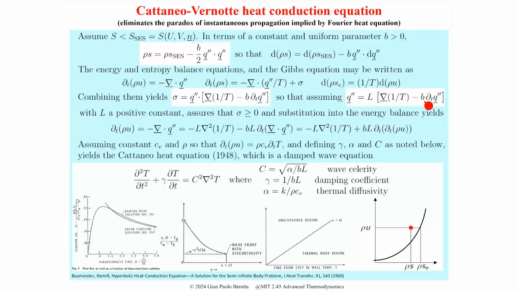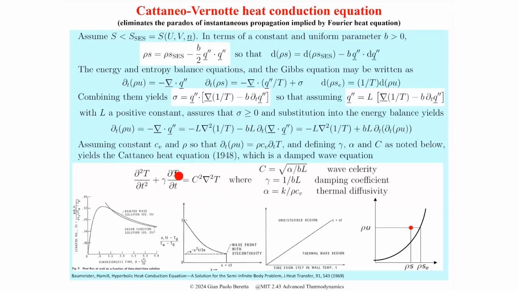You can switch the partial derivative with respect to time with the partial derivatives with respect to space, and so this also appears, and again using the energy balance, the partial with respect to time of rho u, so you have the double partial with respect to time, which if you then substitute this expression for the specific heats and the density can be rewritten in this way.